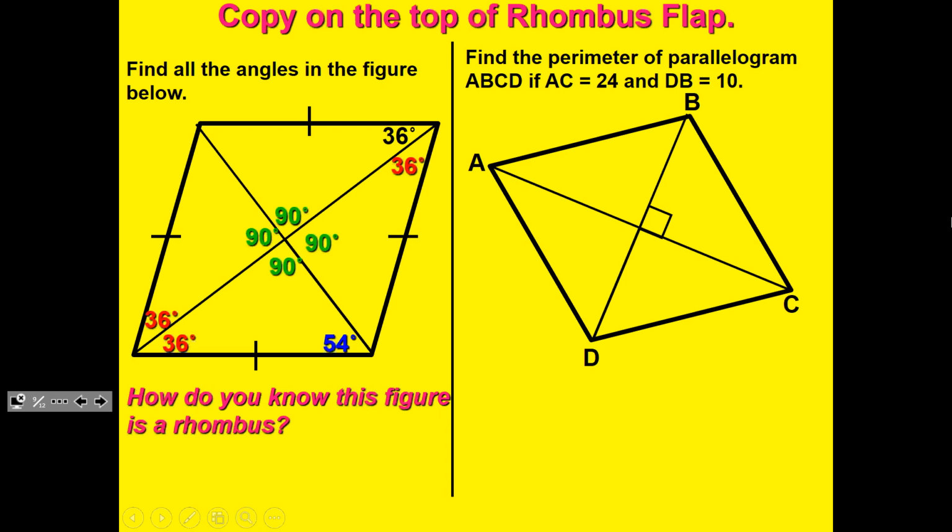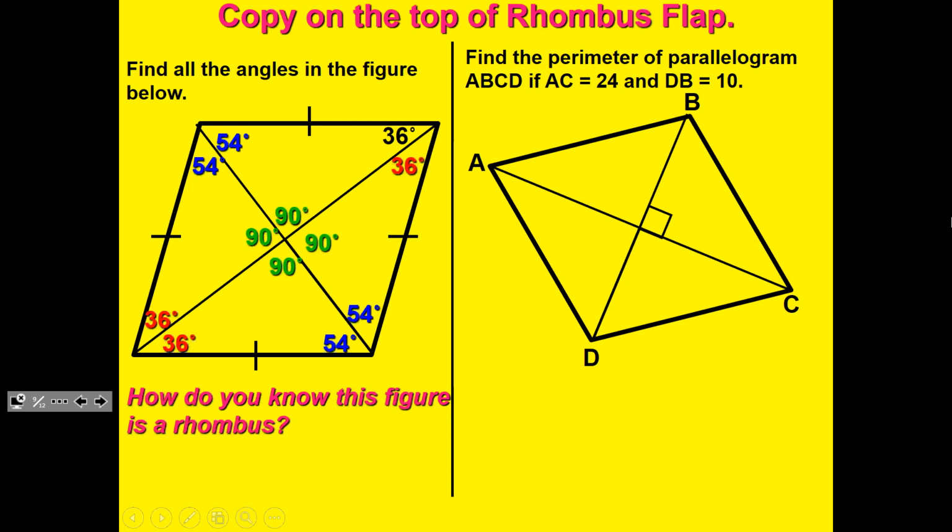And then for the same reason all of those were 36, all of the rest have to be the 54. So there's not going to be a lot of solving to it, but you just need to know your properties. Okay? All right, go ahead and draw that picture over there as well.